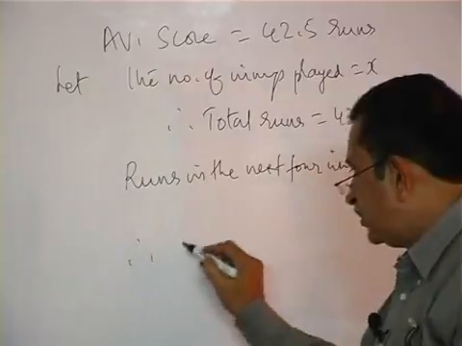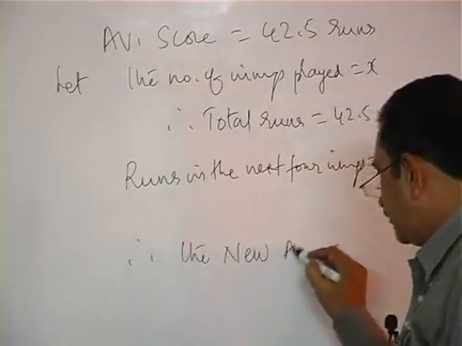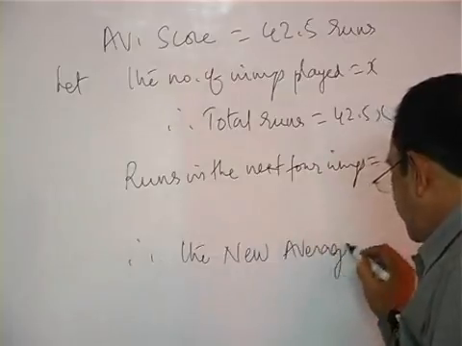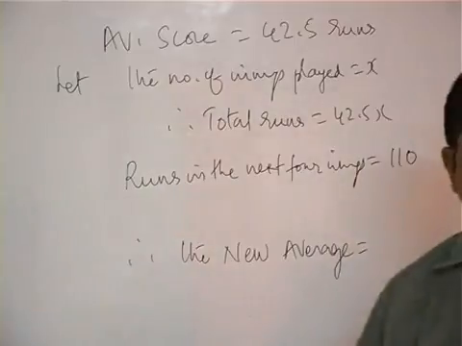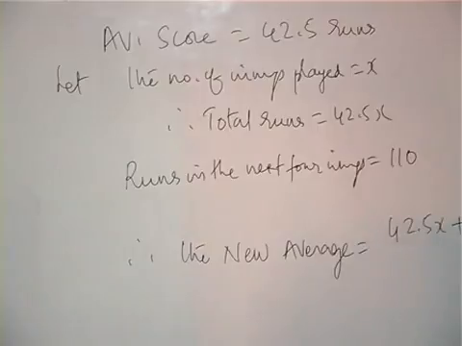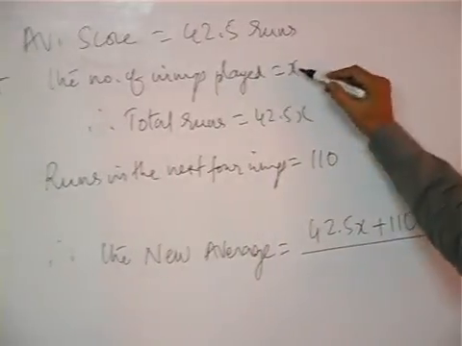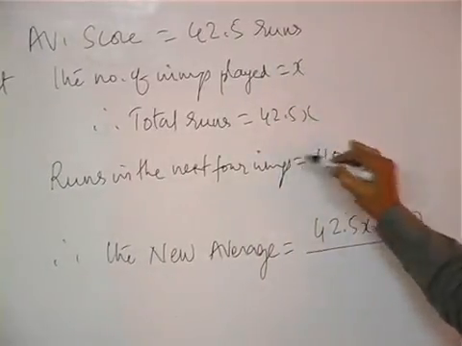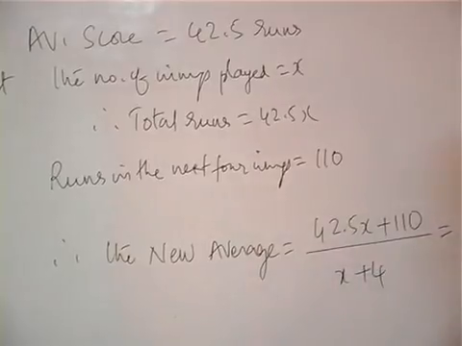Therefore, the new average: what is the average formula? Total runs scored by total innings played. Total runs scored is 42.5x plus 110, by total innings played, which was x plus 4 innings, is it not? x plus 4. This is equal to how much?